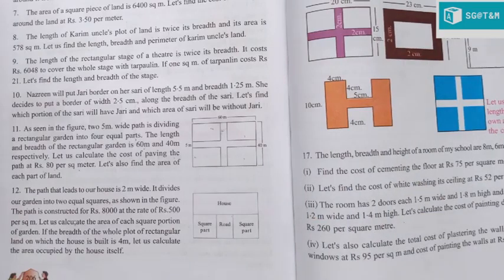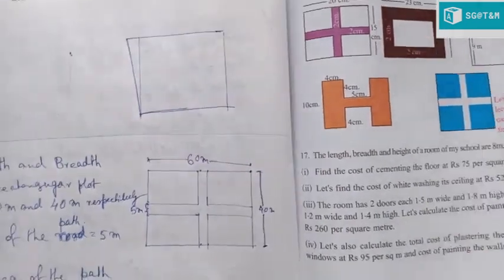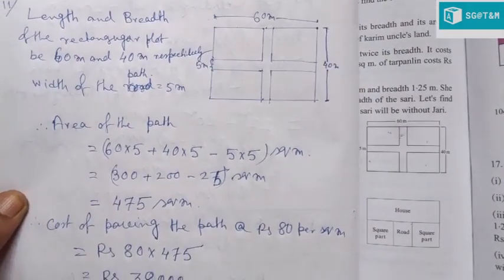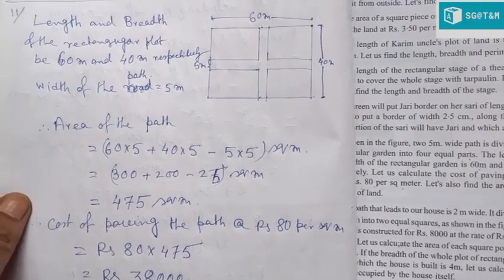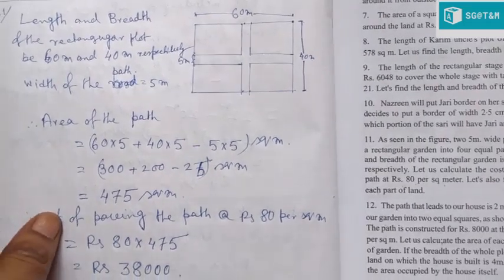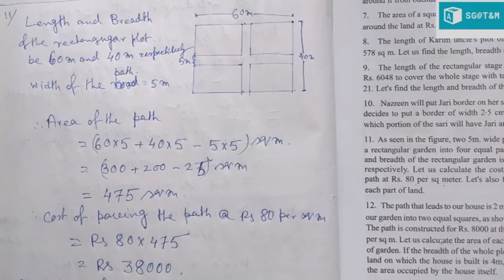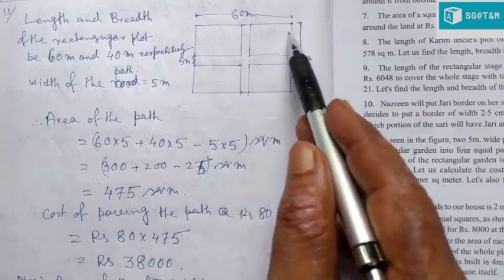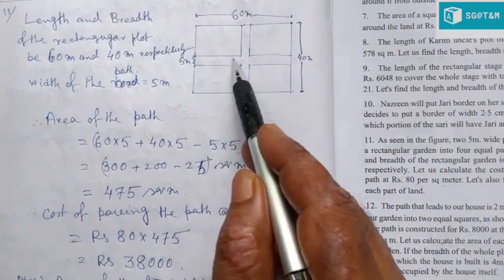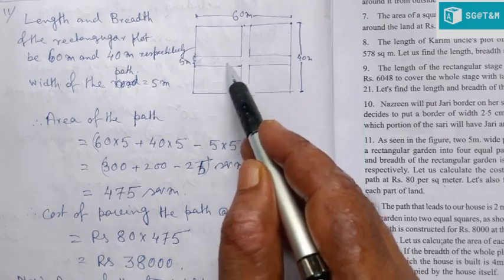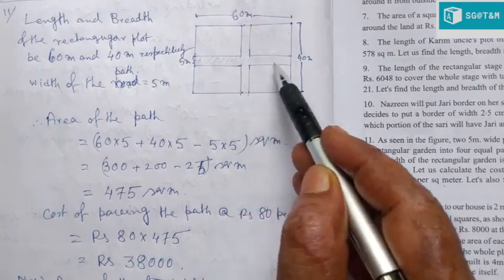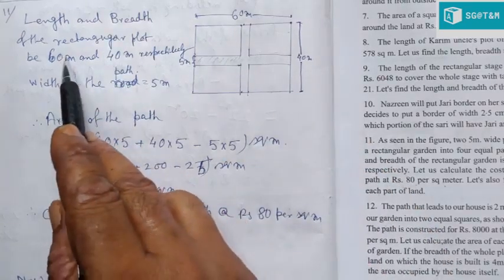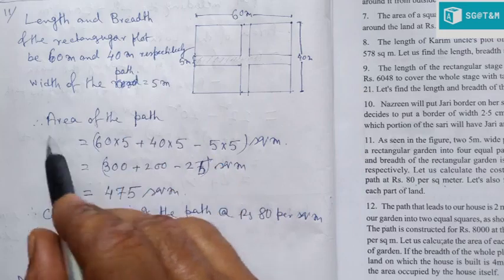So here is the solution. We draw the figure in your copy. Suppose this is 60 meter length, this is 40 meter, and the path is 5 meter wide. We have to find the area of this path. Obviously all are equal. Now the length and breadth of the plot are 60 meter and 40 meter respectively.